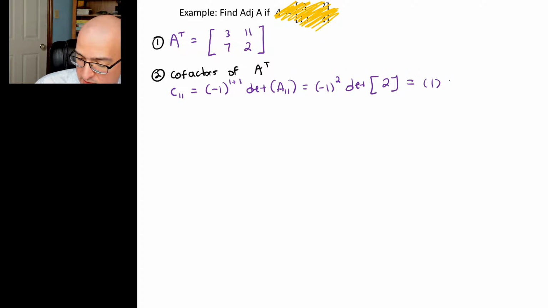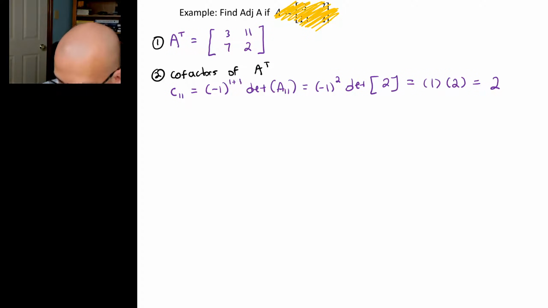So we get 1 times 2, which is 2. The determinant of a single number, a 1 by 1 matrix, is just the entry of that matrix. Now we're going to get the C12 entry. We'll have -1 to the 1 plus 2 times the determinant of A12.